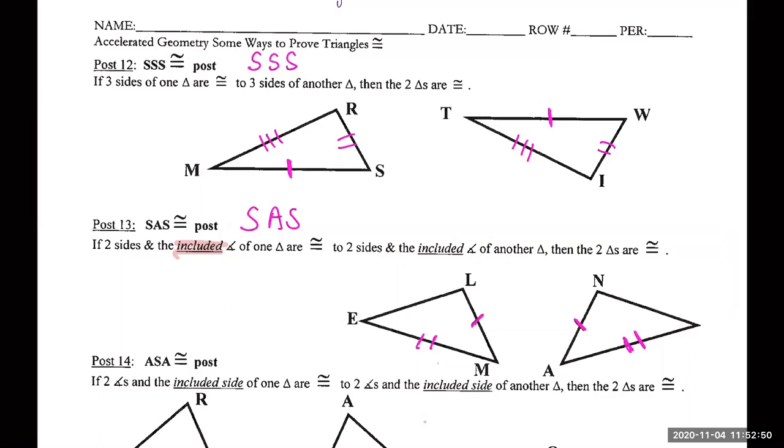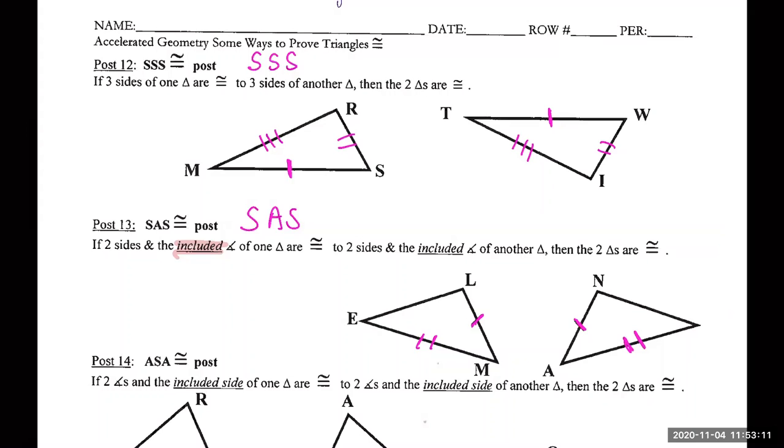An included angle is the angle that is between the 2 given sides. So if the sides are LM and EM, what do you think the included angle would be? What's sandwiched in between those 2 sides?